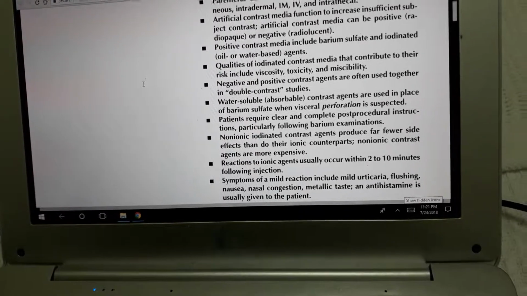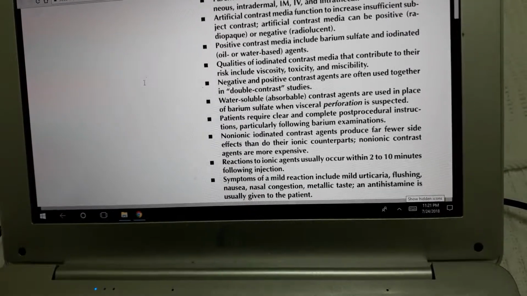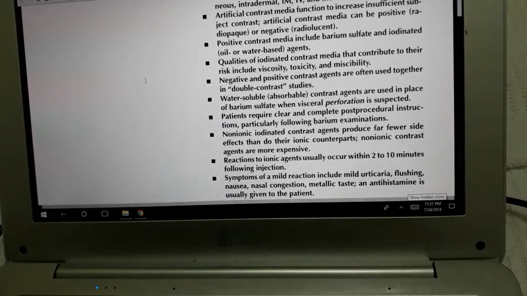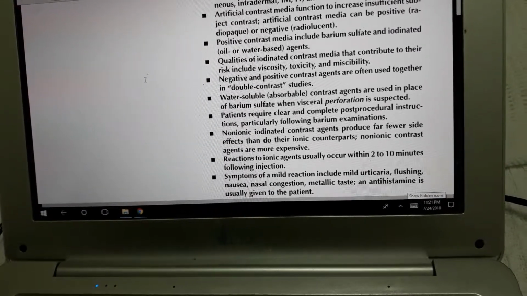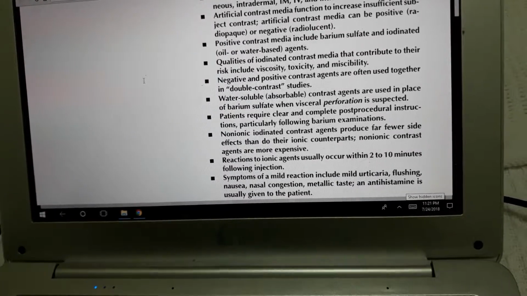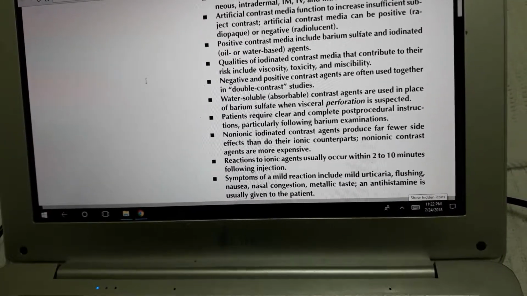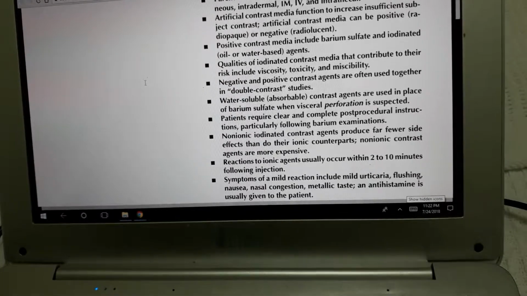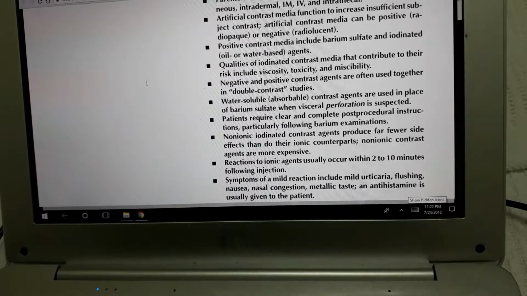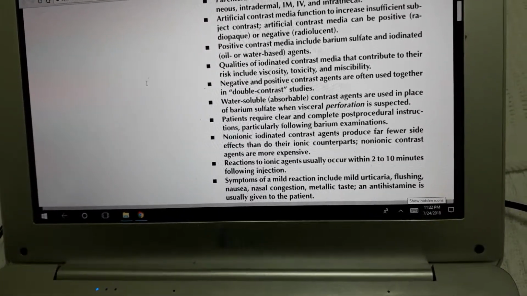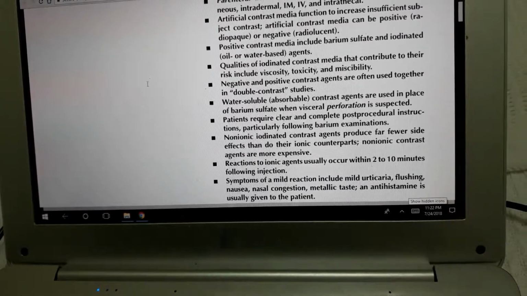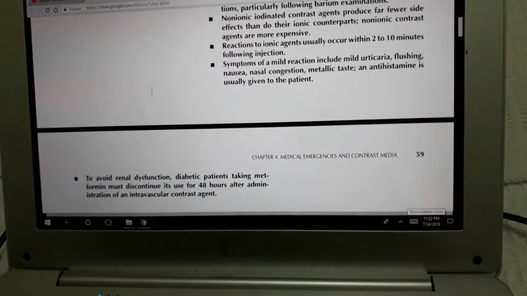The symptoms of a mild reaction include mild urticaria, flushing, nausea, nasal congestion, and metallic taste, and an antihistamine is usually given to the patient.